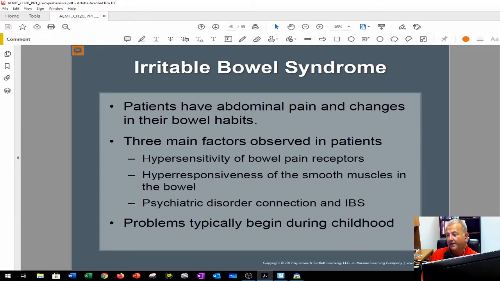And then irritable bowel syndrome is a very common disease that we see out there all the time. These patients are usually hypersensitive with their bowels. It's unclear pathophysiology-wise. It's still unclear. You have some patients that will have diarrhea, some patients that will have constipation with this.